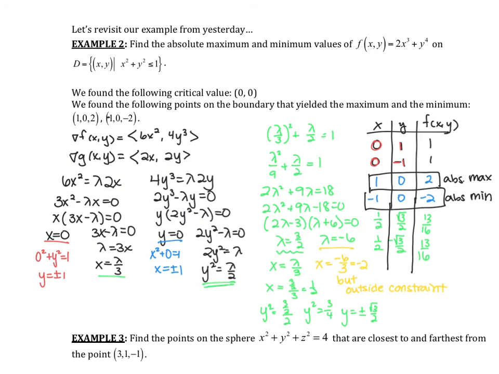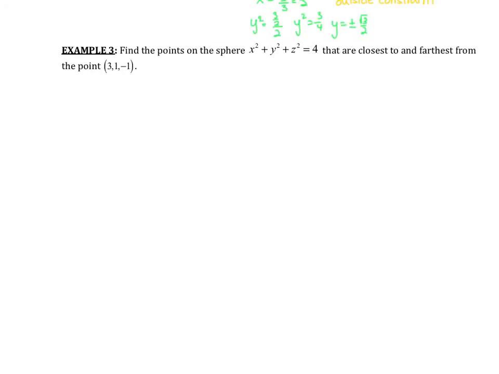All right, now let's look at a word problem. This problem says that we want to find the points on the sphere x squared plus y squared plus z squared equals 4 that are closest to and farthest from, read, maximum and minimum distance from the point (3, 1, -1).